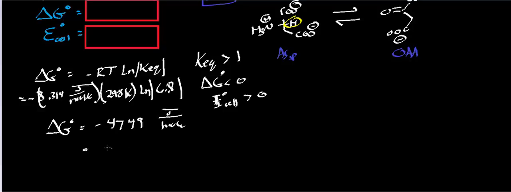I could also say this is -4.749 kilojoules per mole. Some people may prefer you to convert this to kilojoules per mole, but certainly either one of these answers is actually reasonable.